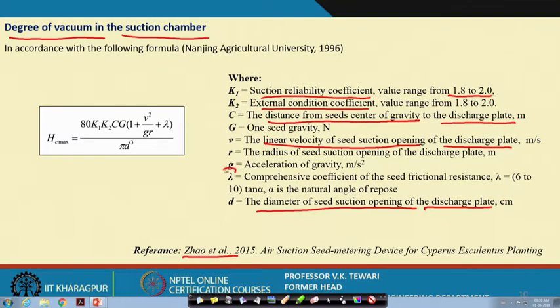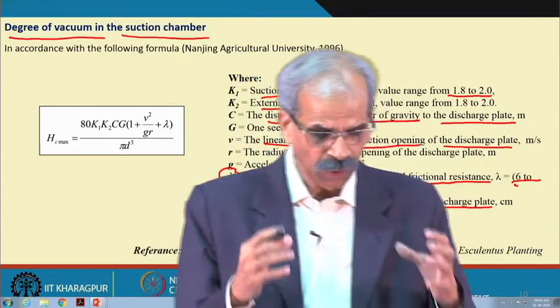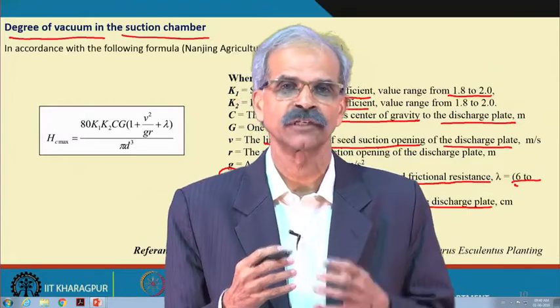Now, another aspect which they have talked of is lambda, the comprehensive coefficient of the seed frictional resistance. This depends on 6 to 10 times tan alpha, where alpha is the angle of repose. One must appreciate their effort here, because they have found out what should be the degree of vacuum that should be considered.